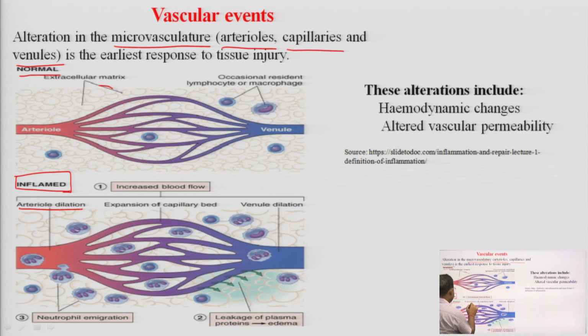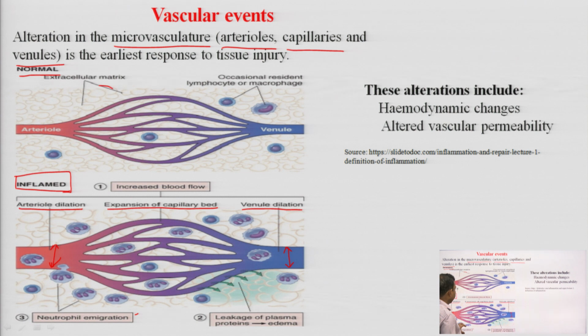So, increased blood flow will increase the expansion of the capillary bed, and also venule dilation. Arterioles are also dilated, veins are also dilated, and neutrophil immigration.